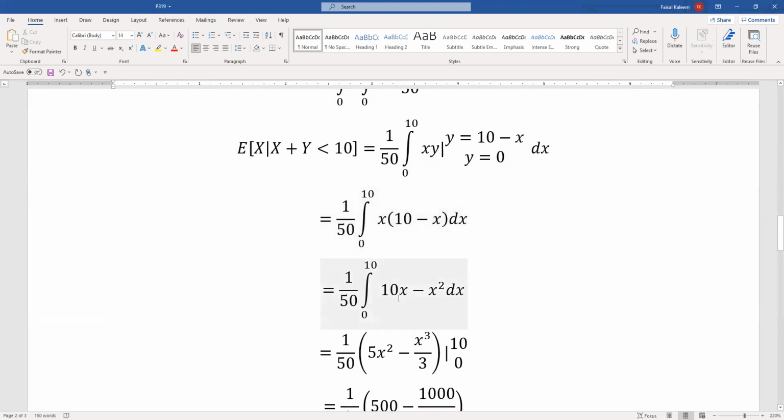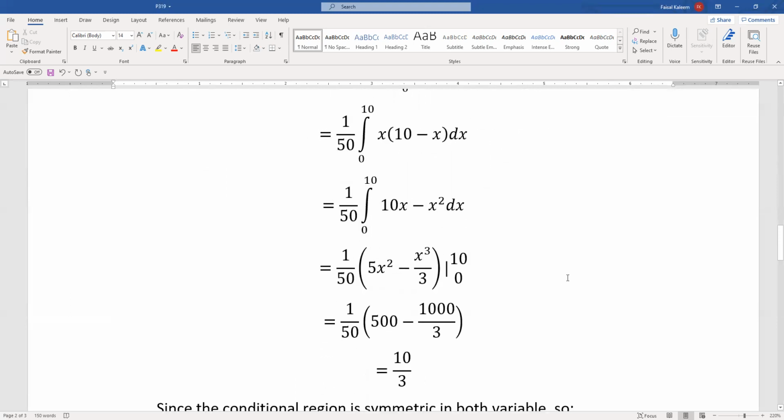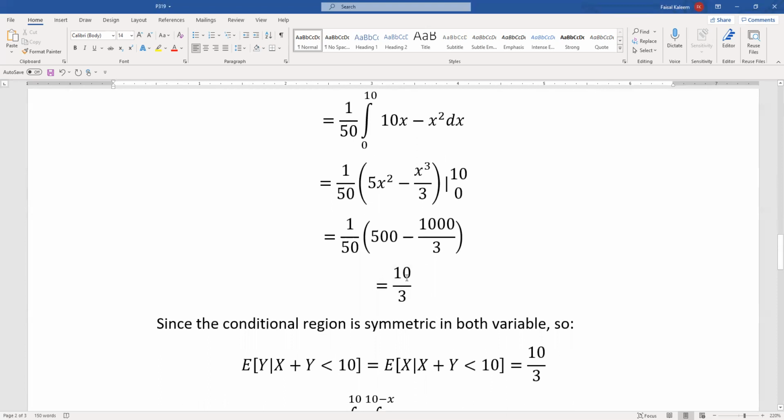Multiplying it out, that's 10x minus x squared. The integral of that is 10x squared by 2, which is 5x squared, minus x cubed by 3. That'd be 500 minus 1000 by 3 when you put in x equals 10, and the lower limit is 0. So this comes out to be 10 by 3.